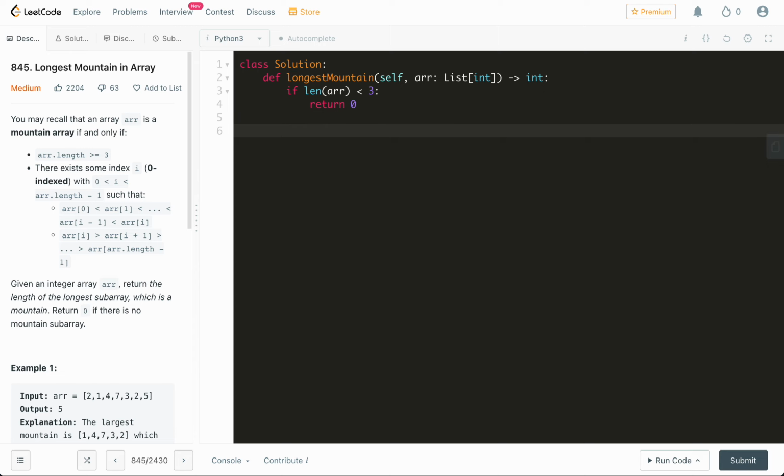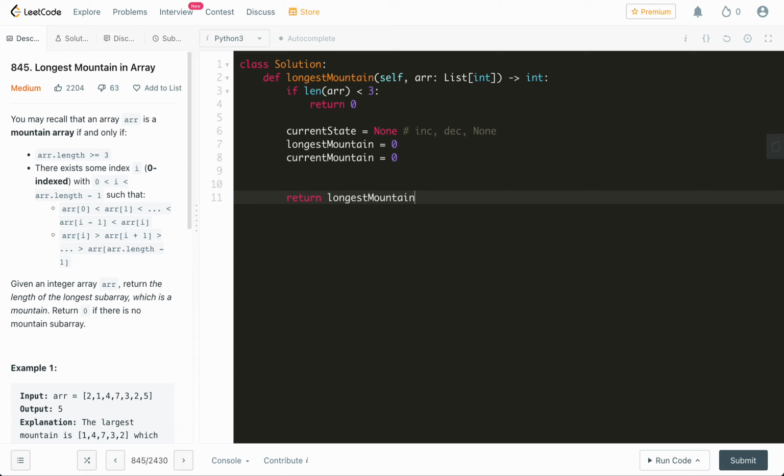We need the current state, which could either be increasing, decreasing, or none. We need the longest mountain set equal to 0, and then we need the current mountain, set that equal to 0 as well. And at the very end here, we're going to return the longest mountain.